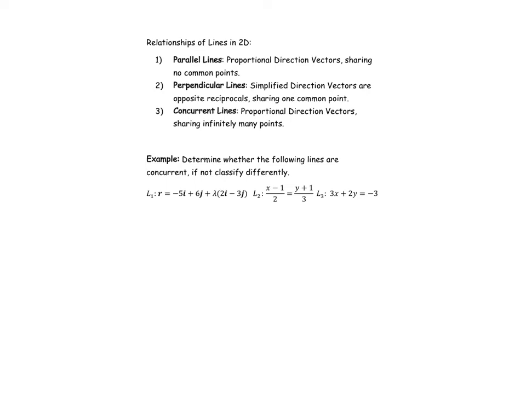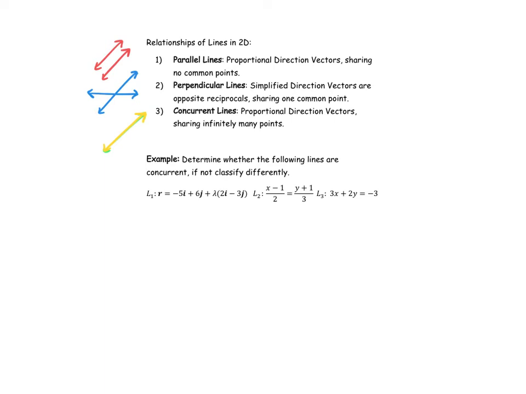Line 1, line 2, never intersect. Option 2 is that the lines intersect, and they can intersect at right angles or non-right angles. Option 3 is that we have the same line. So line 1 and line 2 are exactly the same line, with the same direction vector, and they include all the same points.